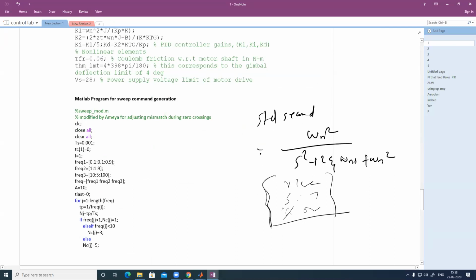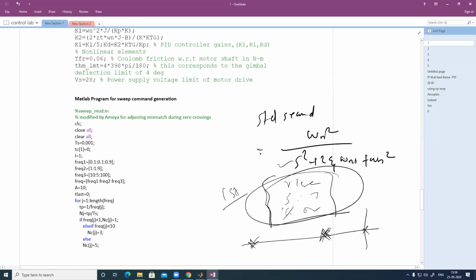You have studied only first order and second order systems. If a third order system comes, you will also use this equation only. The formula is not different, but it is called the dominant pole approximation. It is one approximation, approximating different order systems to a second order system. That approximation costs something, and you have to measure that cost. That is why you are doing this testing analysis.